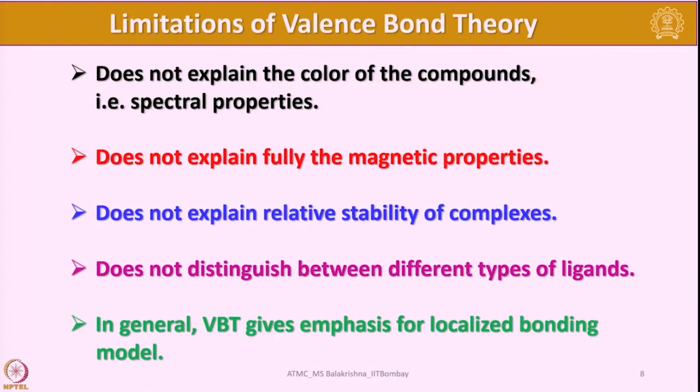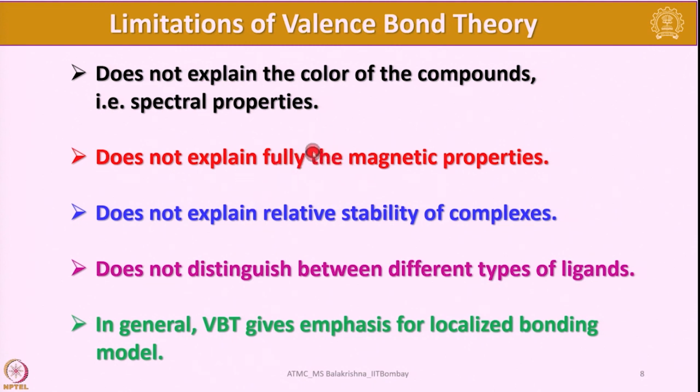And what are the limitations of valence bond theory? When we talk about limitations, they are more or less confined to its utility among coordination compounds. That means it does not explain the color of the compounds, that is, spectral properties. It does not fully explain the magnetic properties, especially the temperature dependent magnetic properties, and it gives emphasis to spin only values.